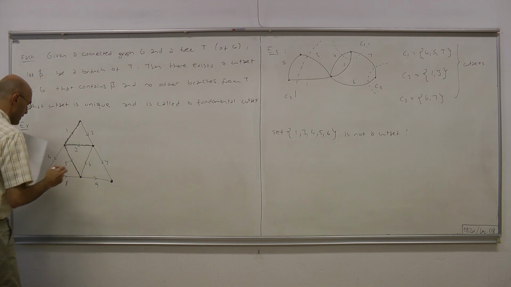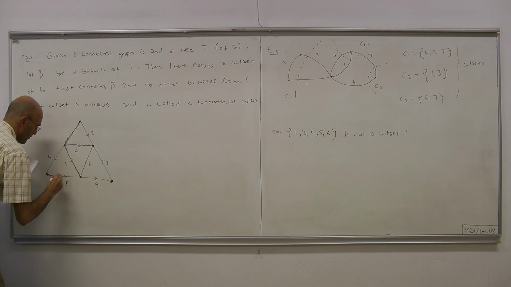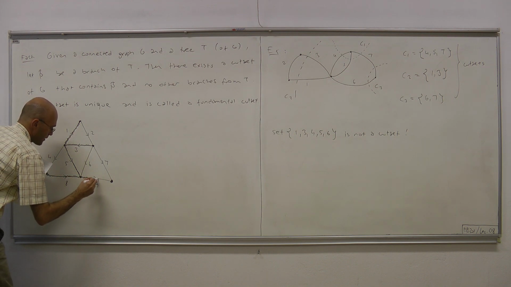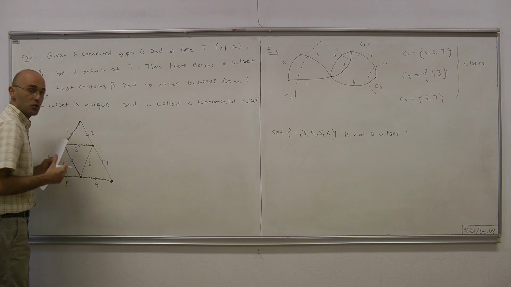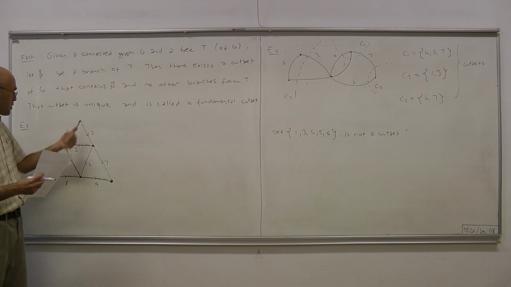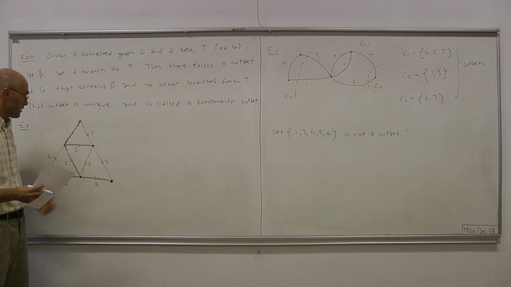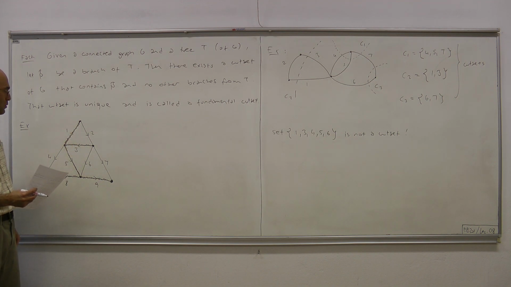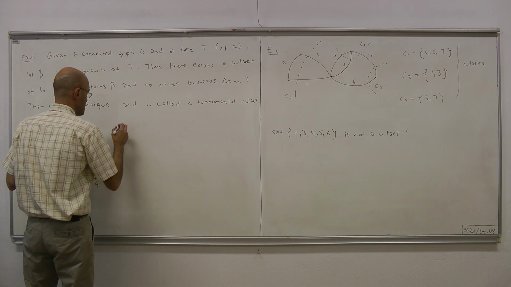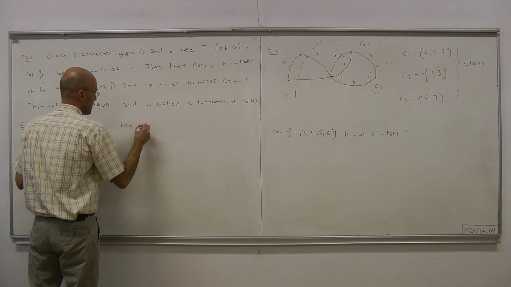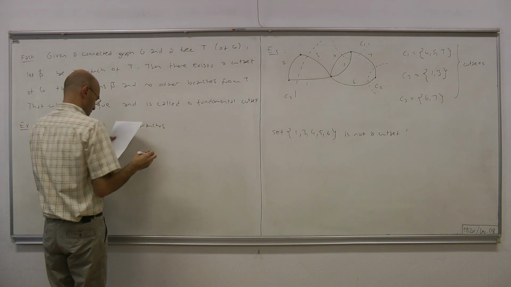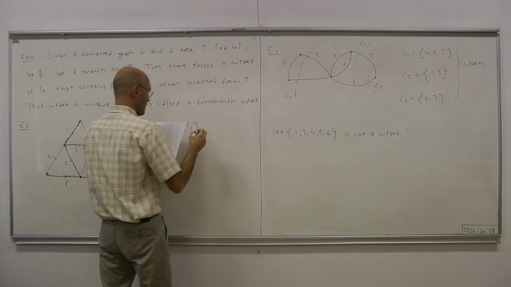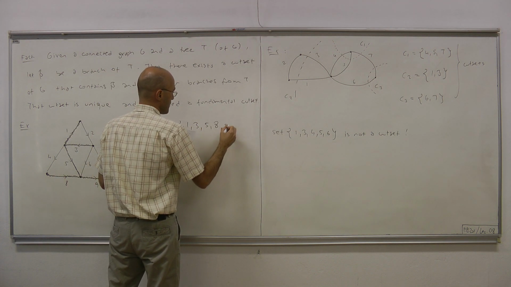And 8 and 9. The darker branches belong to the tree. So this is a tree because all the nodes are touched, it's connected and contains no loops. Tree branches: 1, 3, 5, 8.